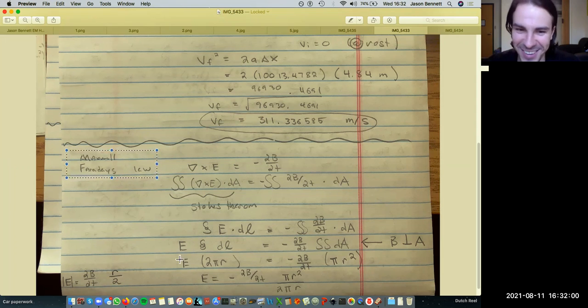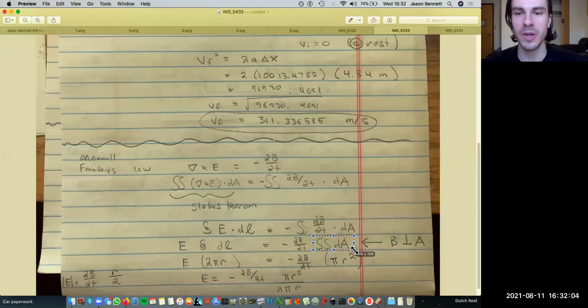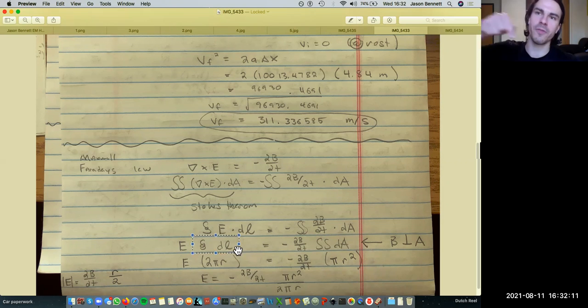Faradian loop or whatever. But yeah, so I'm integrating over a loop, and the area of that loop is pi r squared. And here I'm doing a line, so it's the circumference of the circle. So the integral of the line element over the whole line is just the circumference of the circle.